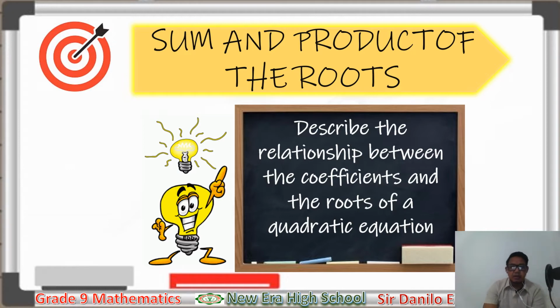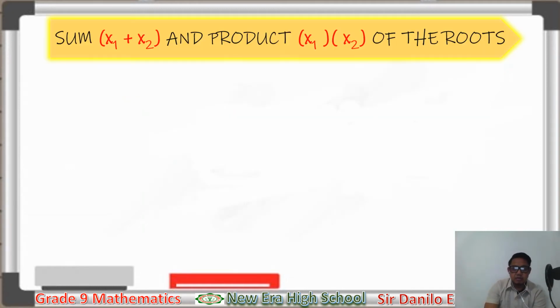Sum means i-add natin yung ating mga roots, and product means i-multiply natin. Without solving the roots of a given quadratic equation, pwede na nating ma-identify yung ating sum and product of the roots.